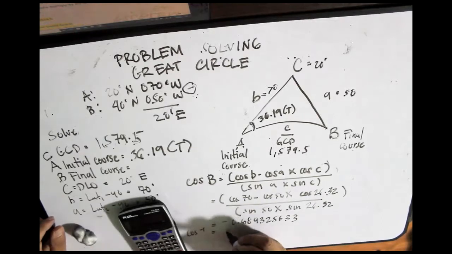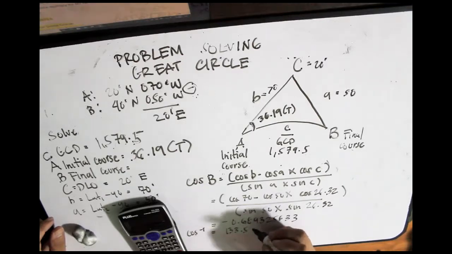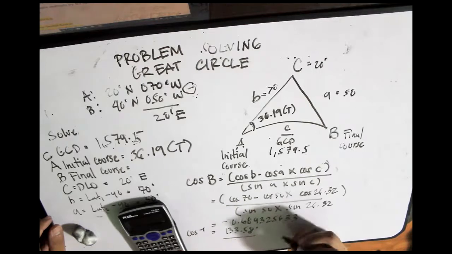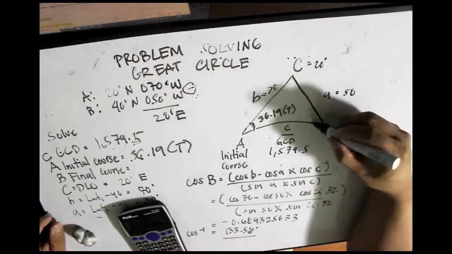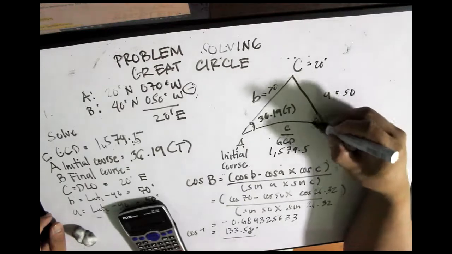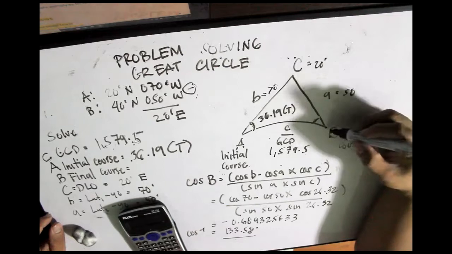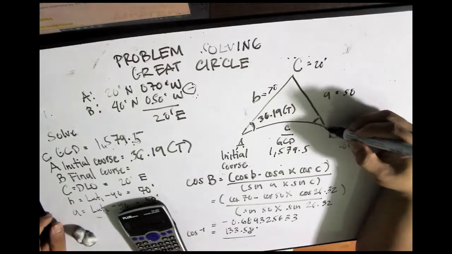Lalabas dyan ay 133.58 degrees. Okay? So, this is not yet the correct answer, yung 133.58. Kasi ito yung 133.58. We are looking for this one. Yung itong course na to.